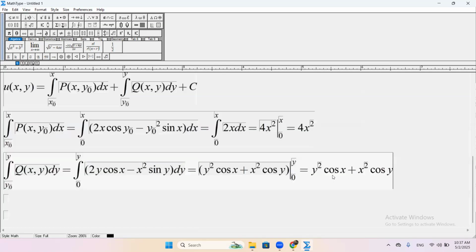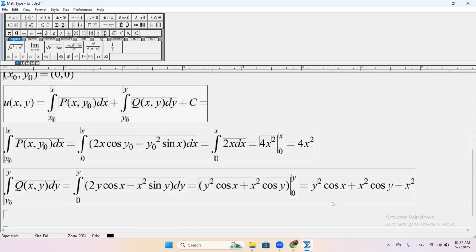So this expression remains, and if I substitute 0, this expression goes away, and plus x squared. So that's it for these integrals, and now writing down the final answer. Stop. Minus, sorry. Minus here. Yeah. So now everything is correct. So what we will receive? This expression and plus 3x squared plus c. So we restored the function u by its total differential, and it has the following expression.